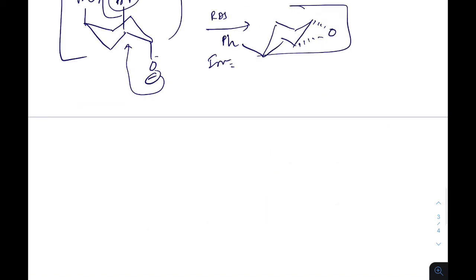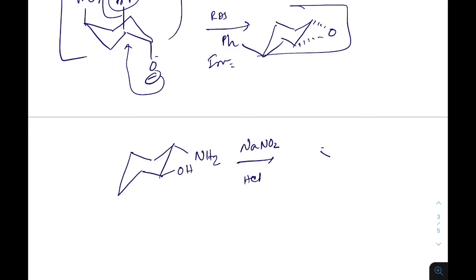Okay, in the above cases, the equatorial position of that phenyl ring was stable. Therefore, in most of the cases we have discussed the product where the phenyl ring is in the equatorial position. Okay, but where there is no group in equatorial, if we take this type of example, in this case if we add NaNO2 HCl, we all know there will be N2+, which is a strong leaving group.